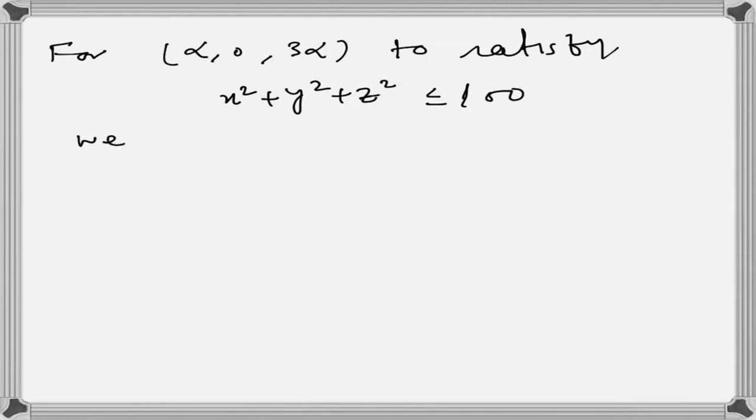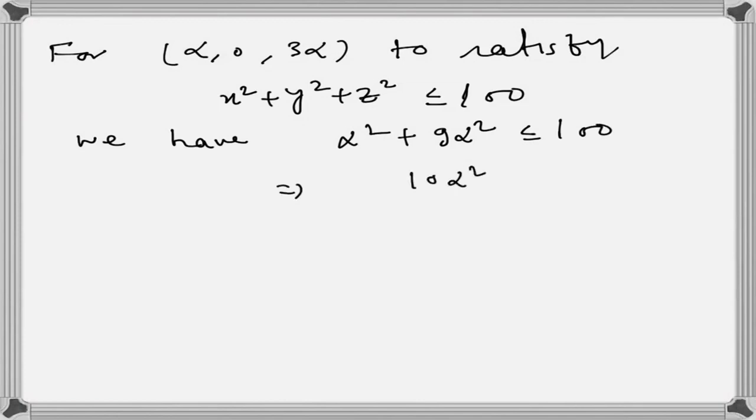So for alpha, 0, 3 alpha to satisfy this, we have alpha square plus 9 alpha square less than or equal to 100. This implies 10 alpha square less than or equal to 100, so alpha square is less than or equal to 10.